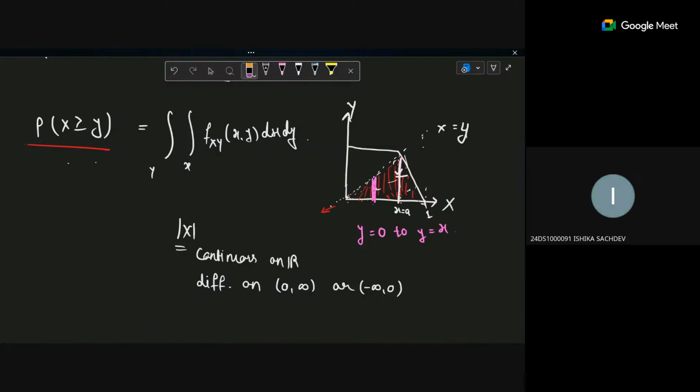Yes, ma'am. Whenever there is a double integration, you have to integrate for both of the variables.